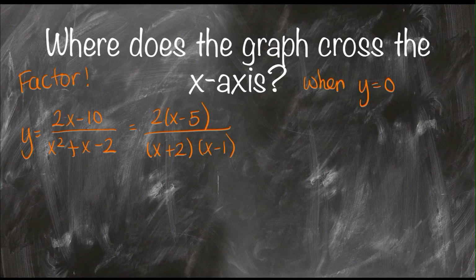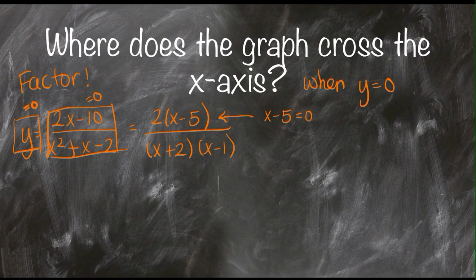So where would this whole thing, where would y equal 0? Well, it would be where y is this whole thing, right? So when does this equal 0? Well, if the bottom equals 0, it's going to be undefined. So really what we need to find out is when the top equals 0. Okay, so let's take a look at the top. Well, 2 can't equal 0, but x minus 5 can equal 0.